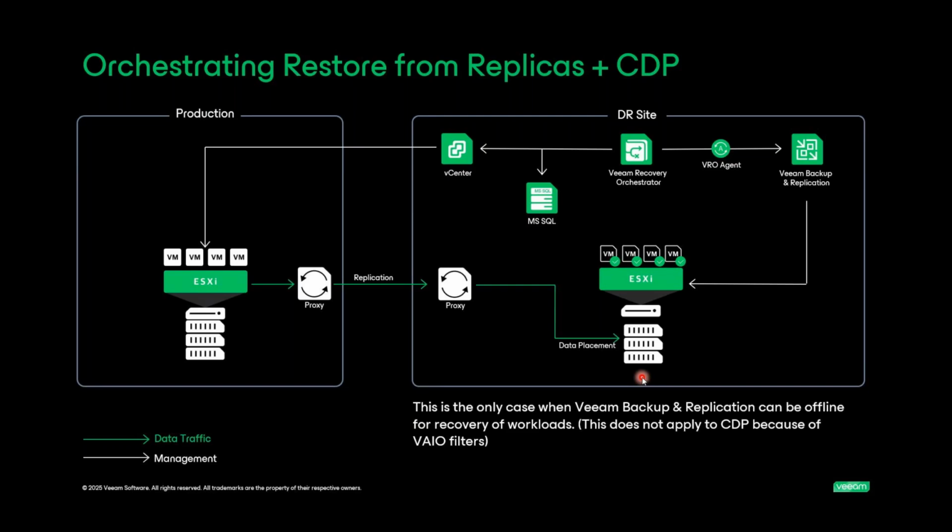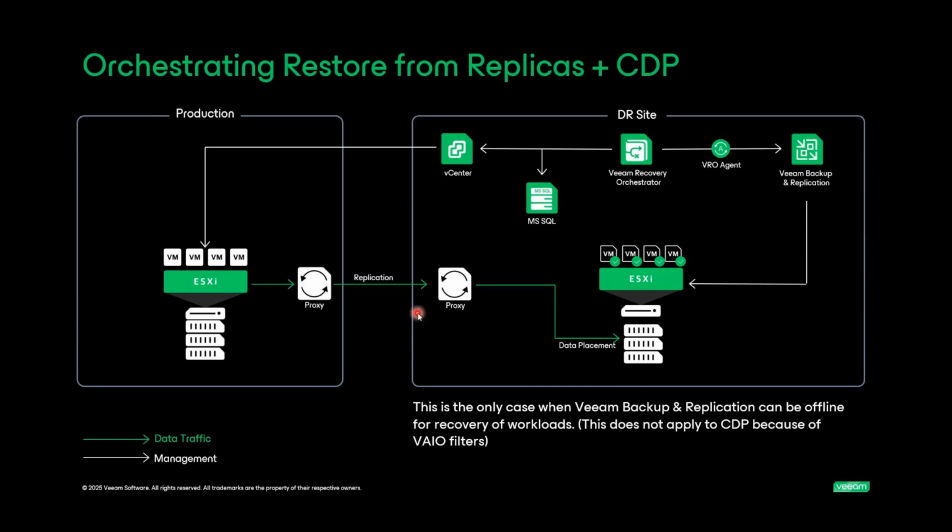So again, if your SLAs are very tight, you need to get your services back up as soon as possible, and you can't afford to wait to transfer data from the backup repository to the production datastores, then think about using replication.